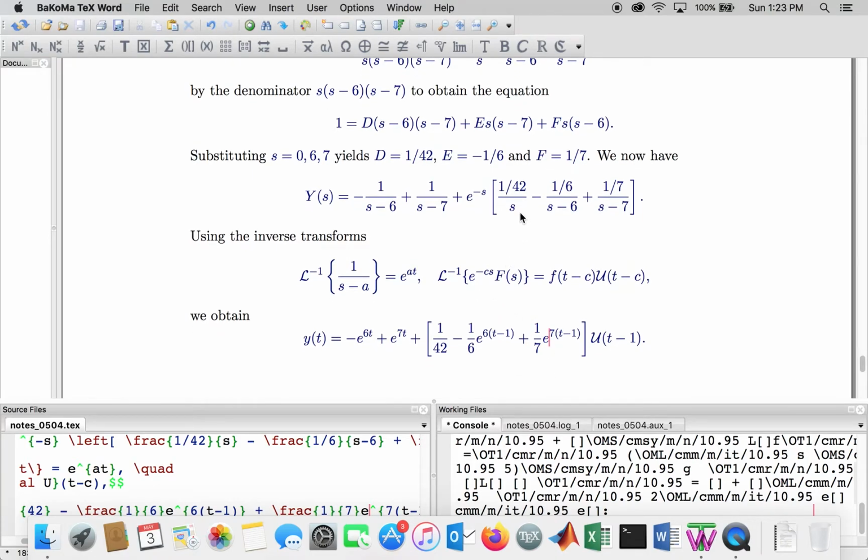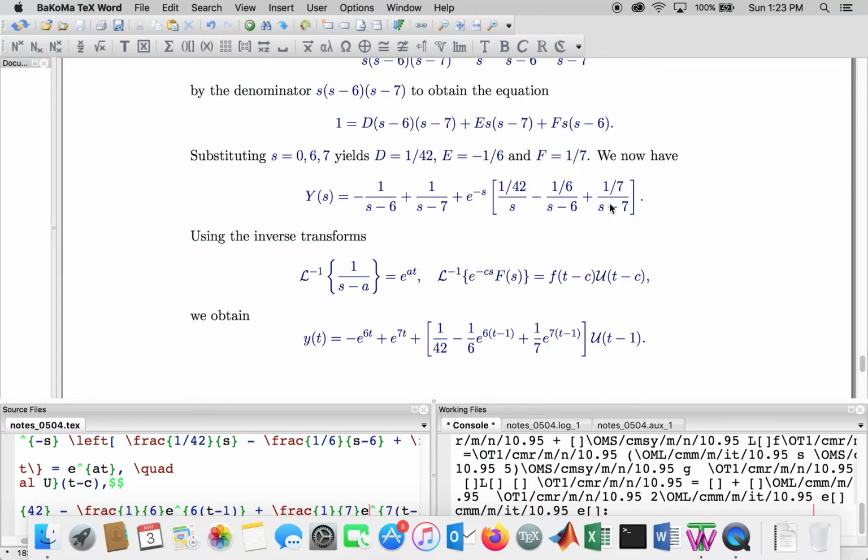So in this case, I break down and handle each term separately, pull out any constant factors, and then I see, what am I transforming? I have 1 over s here, which inverse transforms to 1, and then it's times the constant. Here I have 1 over s minus 6, so that transforms to e to the 6t, but you must replace t by t minus 1, and then don't forget the minus 1/6.